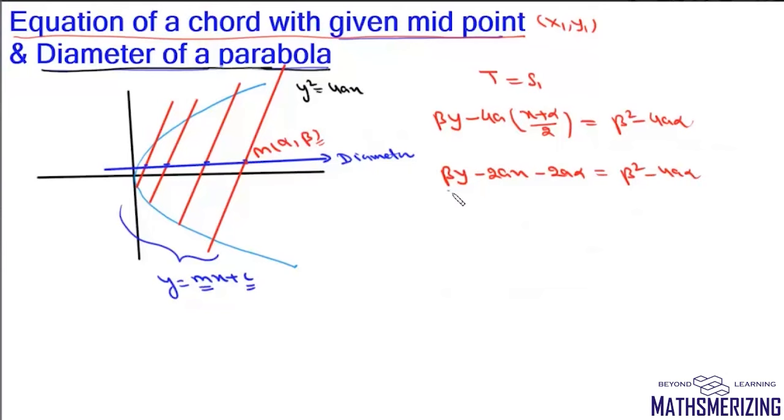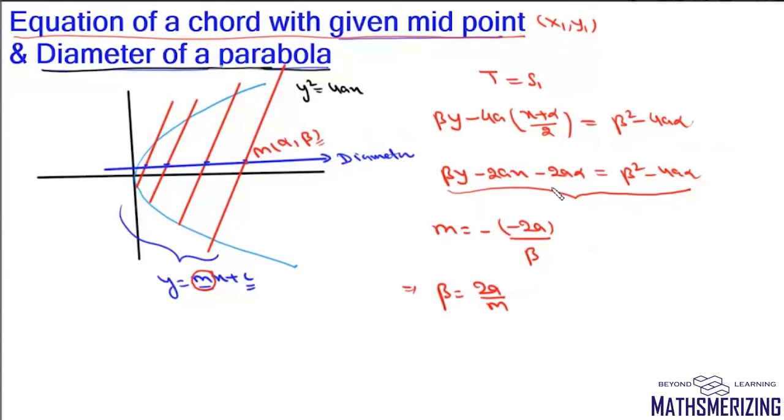Now, we know that any chord has a slope which is m. So what is the slope of this line? The slope of this line is minus coefficient of x upon coefficient of y. So it will be minus of minus 2a upon beta. From here we can write beta as 2a by m.